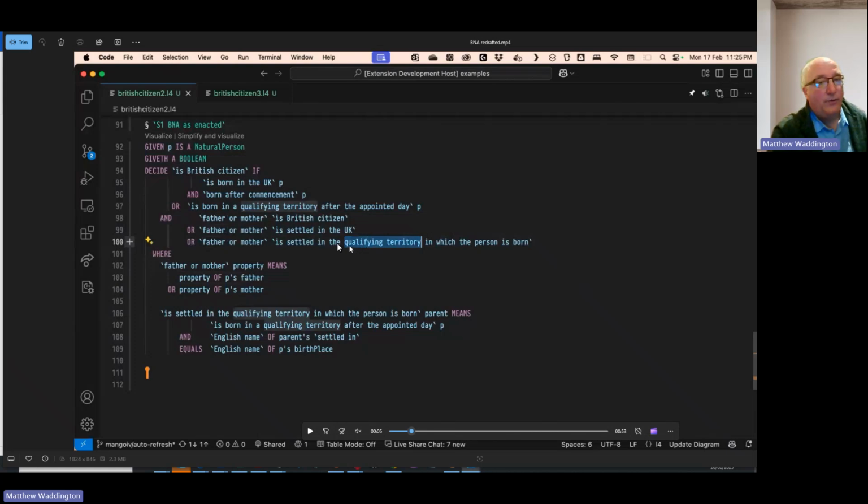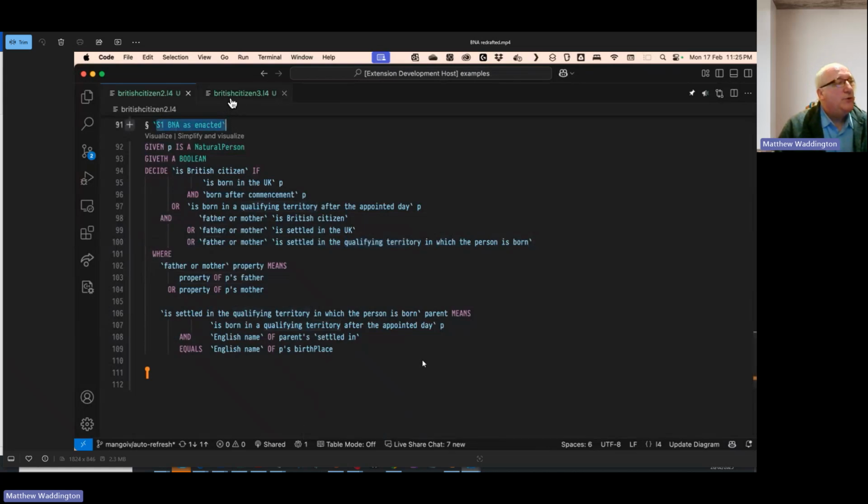Another point about how L4 could help with visualizing while you're drafting is if you highlight qualifying territory there, it also then highlights all the other cases where you've used that expression. So as legislative drafters, we know if we use the same expression, we should mean the same thing each time. So that's quite a handy check on what you're doing.